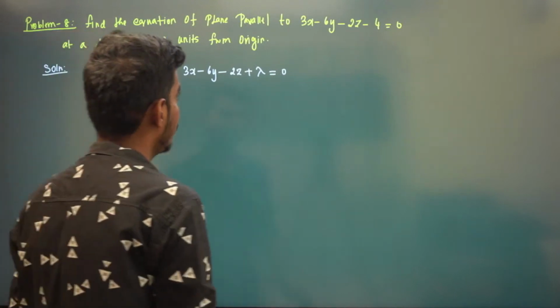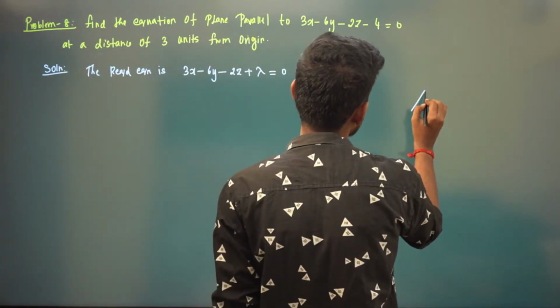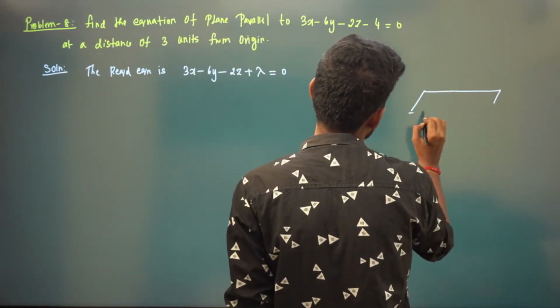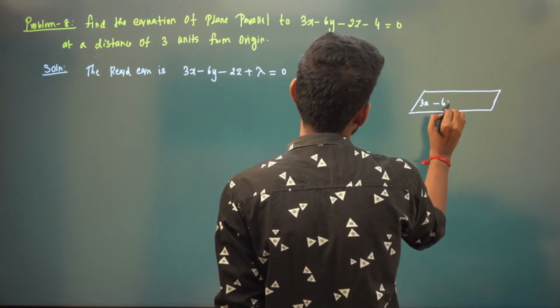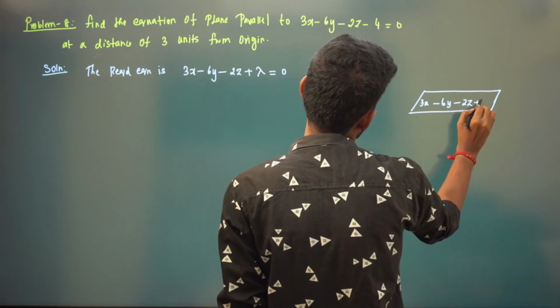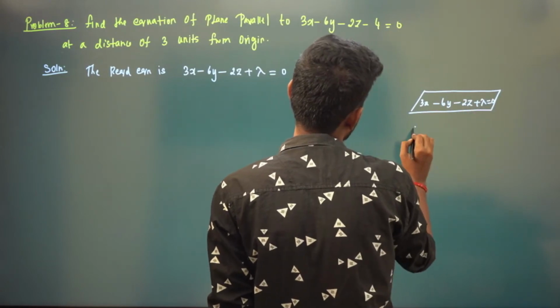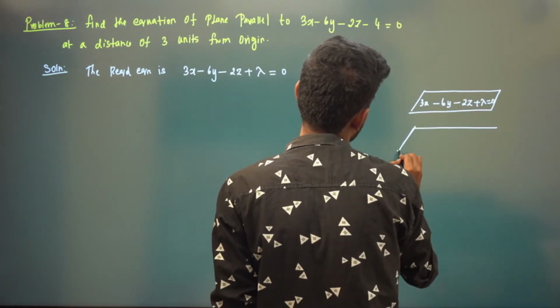So you can see this has to be parallel, so 3x minus 6y minus 2z plus lambda.